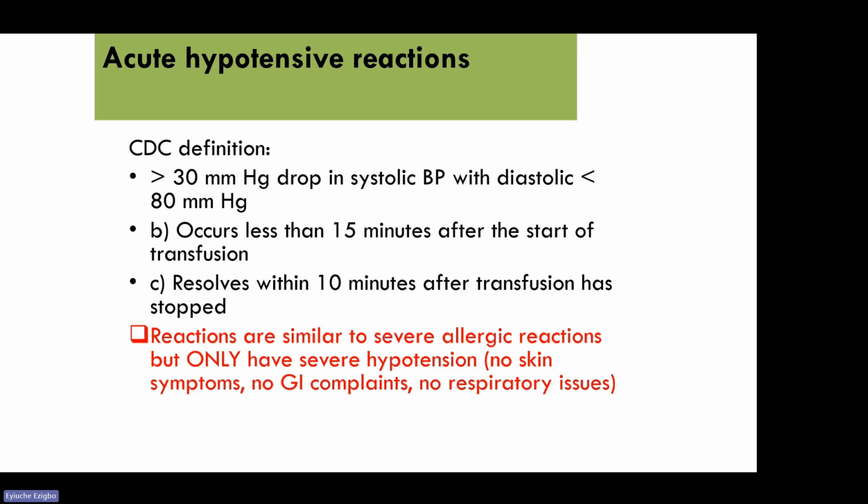It occurs less than 15 minutes after the start of transfusion and resolves within 10 minutes after transfusion has stopped. Reactions are similar to severe allergic reactions, but there is only severe hypotension, with no skin findings, no GI complaints, and no respiratory issues.